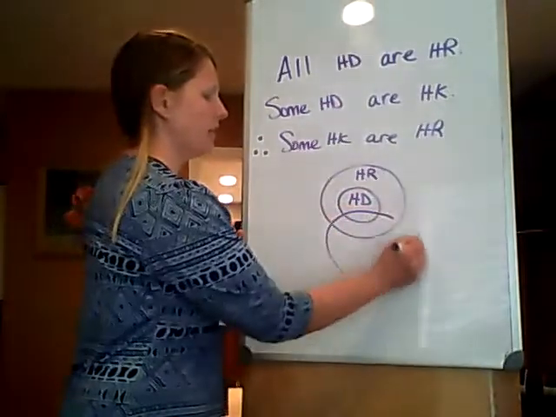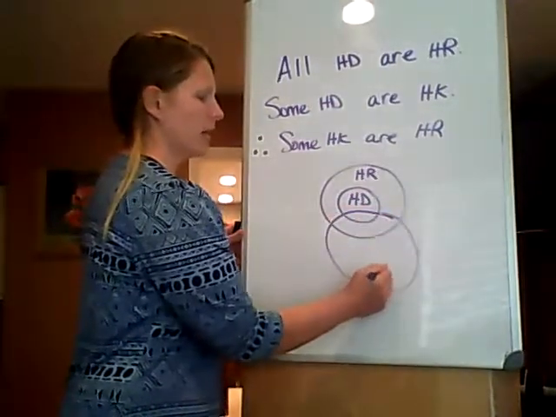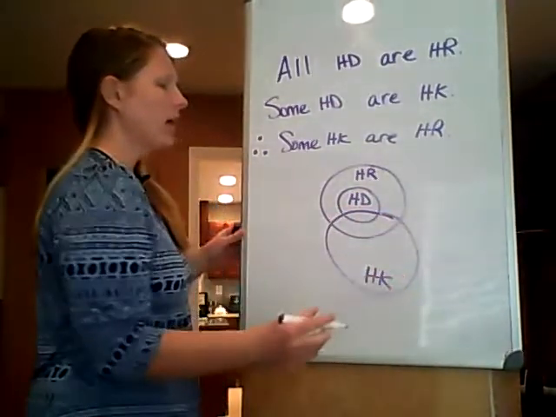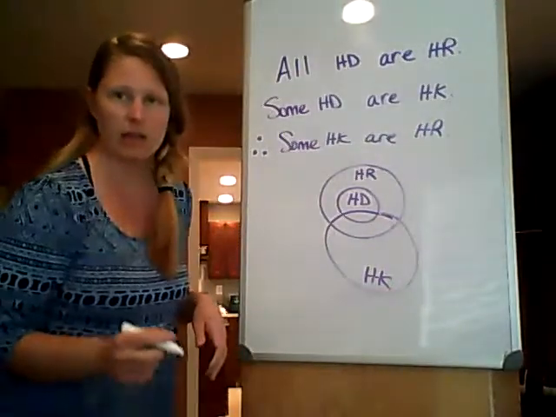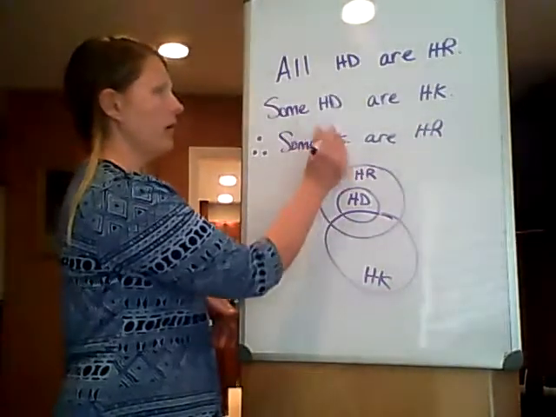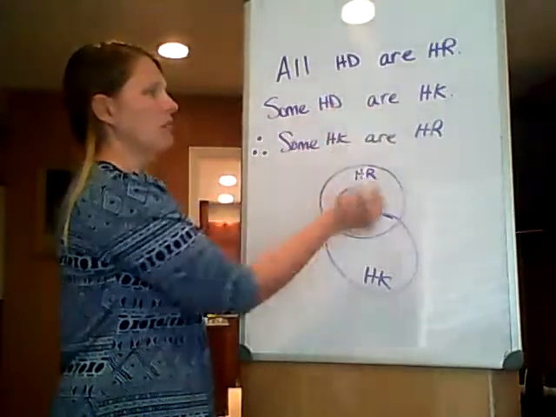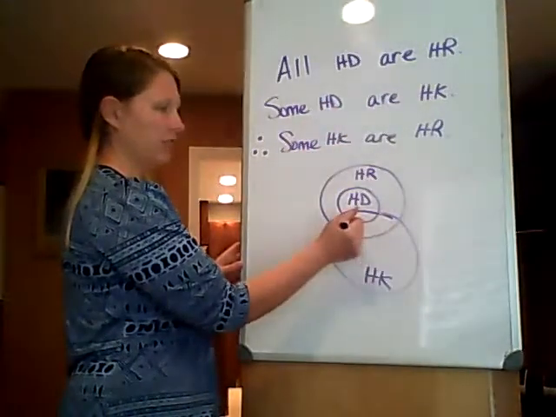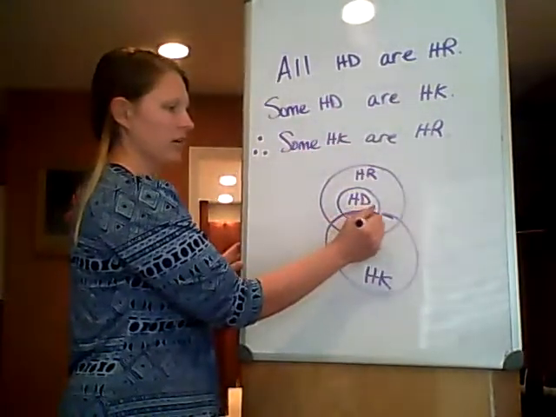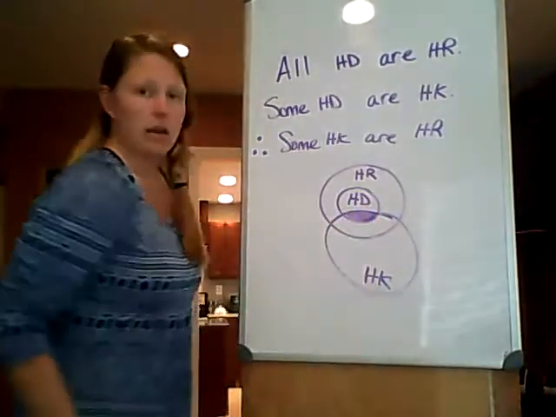So let's say that this right here is my helpful to know category. And it's saying that some of my historical dates are also inside of that helpful to know category. So that's this stuff right here. Okay, so there's my two premises.